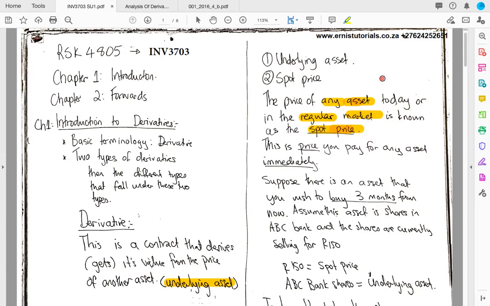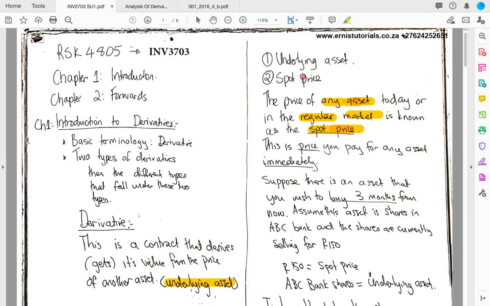The price you can sell the bond at, or the price you can sell the share at, or buy it and so forth, is known as the spot price. That's the price of that asset today in the regular market. So it's the price individuals are prepared to pay for an asset and the price individuals are prepared to sell an asset at. We call that the spot price.